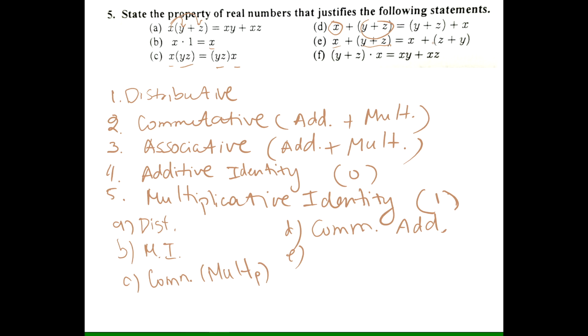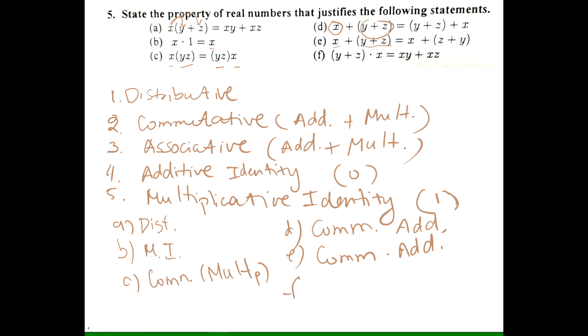I see the y and the z have switched places. So in this case, this would be the commutative property of addition also, since we're dealing with addition.